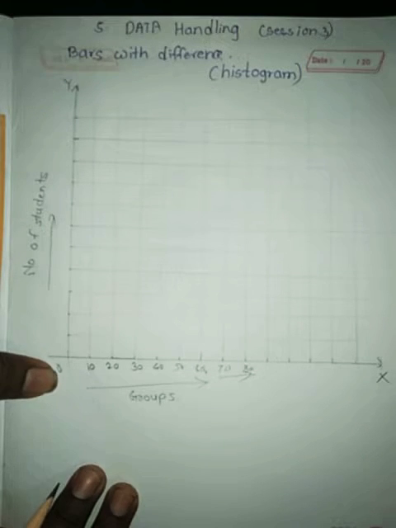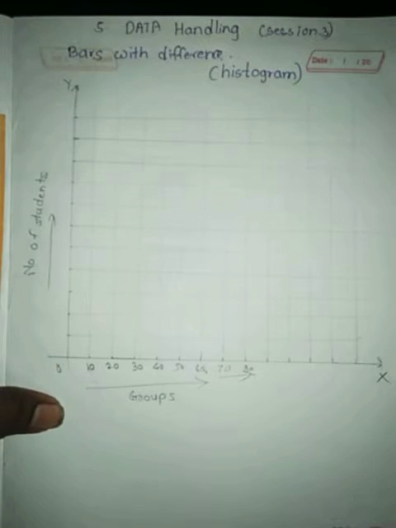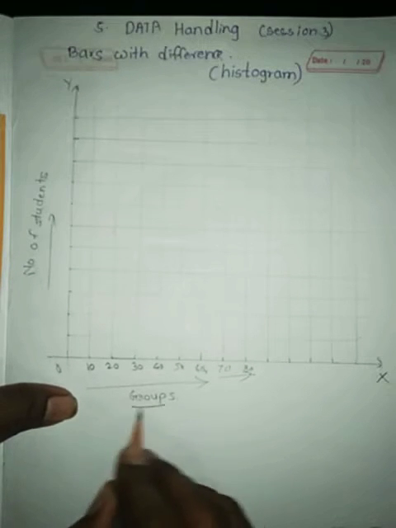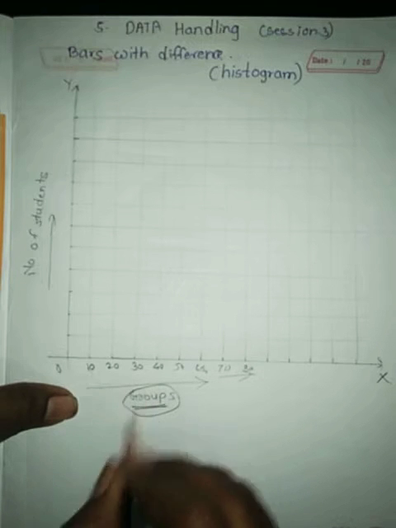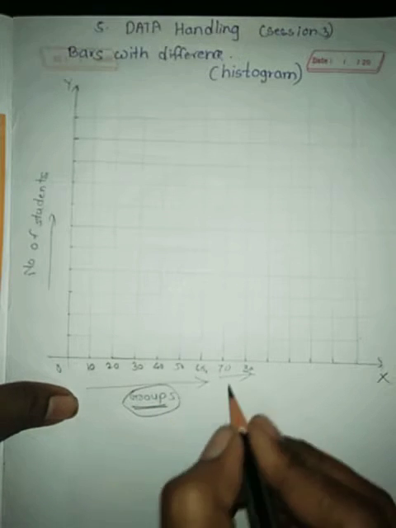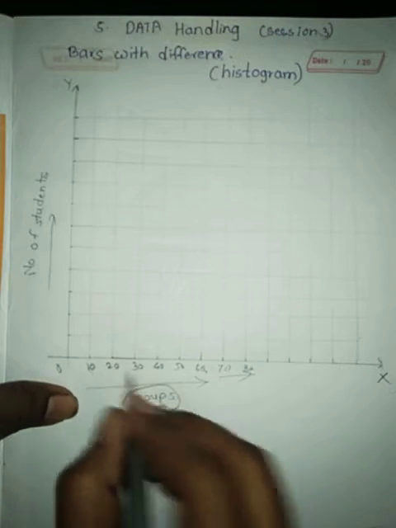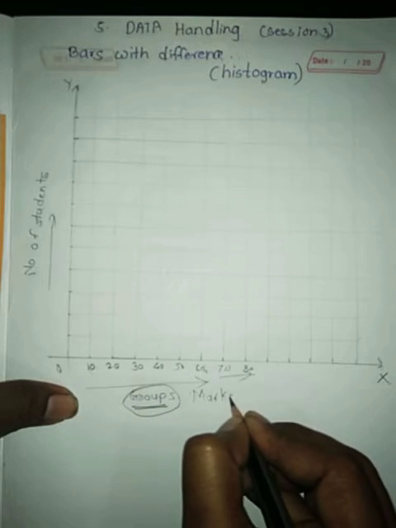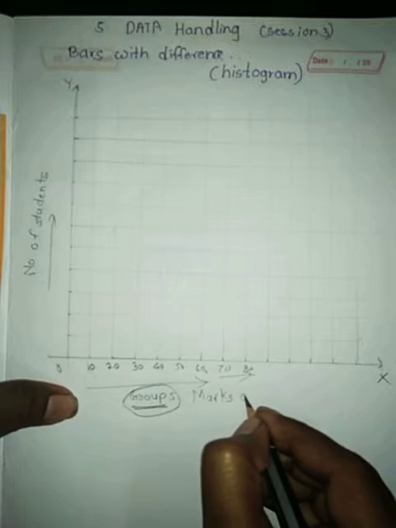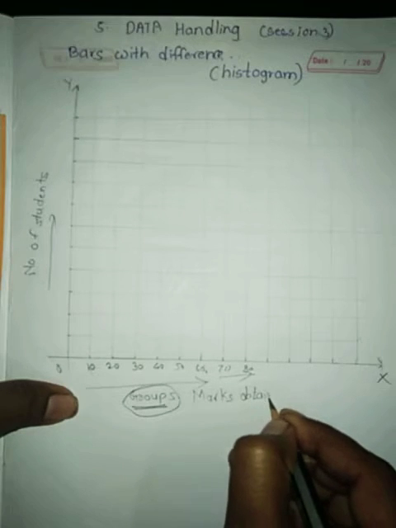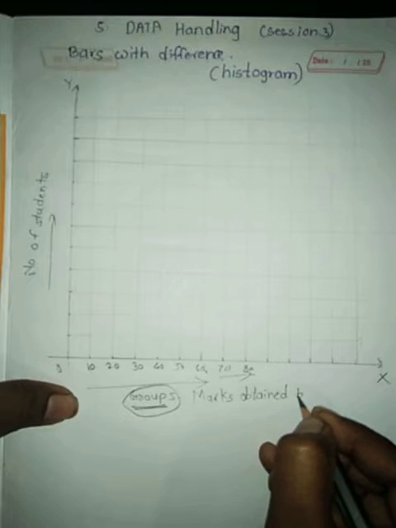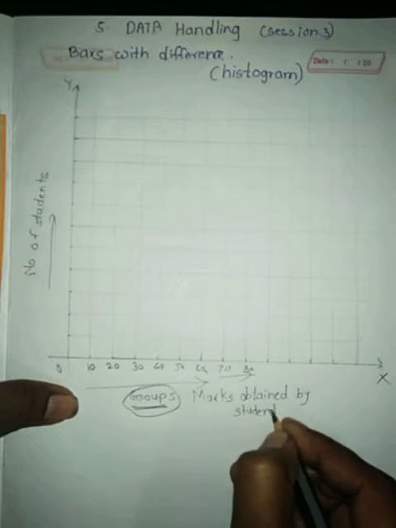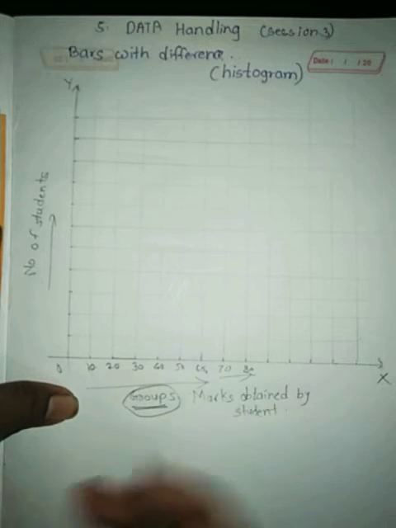Groups are nothing but marks, 0 to 10, 10 to 20, so instead of groups we write marks obtained by students.